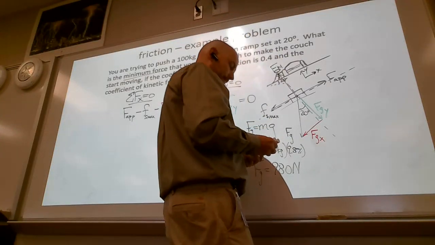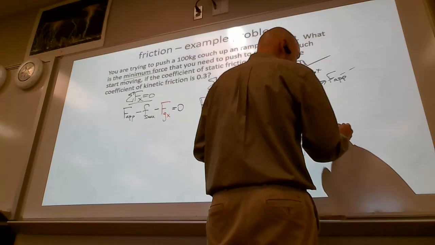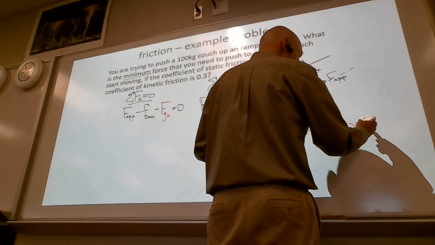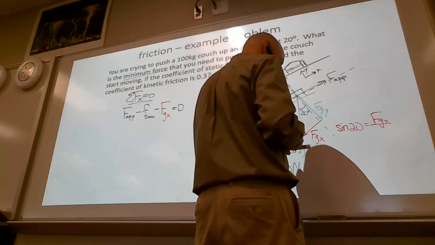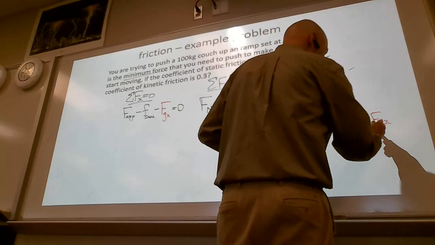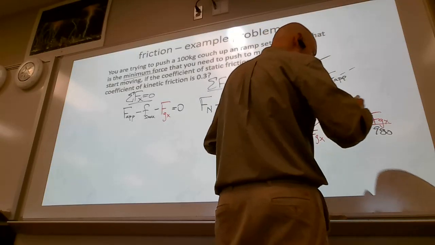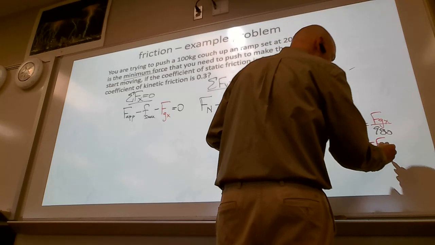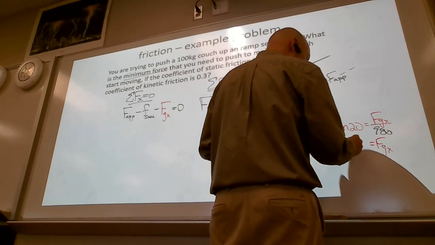Just 20. So you're going to use sine of 20 is equal to FG of X over 980. FG of X is going to be equal to 335.